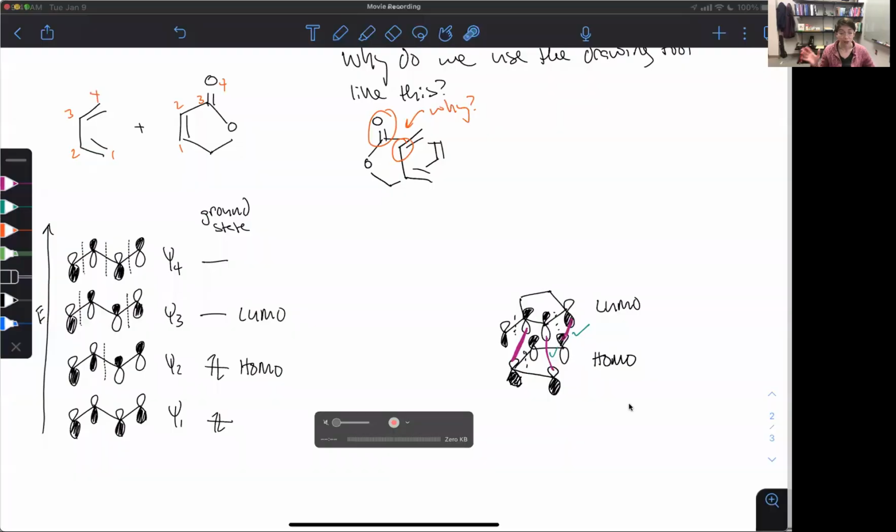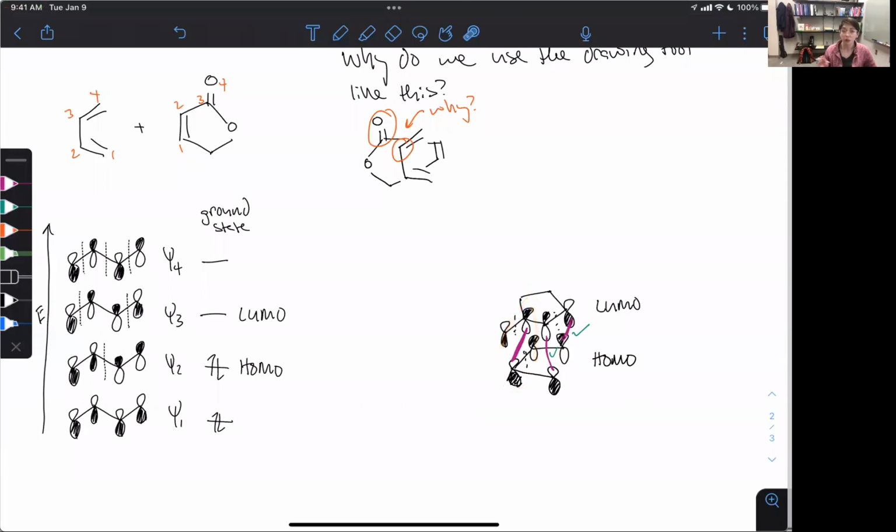So that's one of the best explanations of molecular orbitals concerning the Diels-Alder reaction, because without the orbitals, we wouldn't have that really nice stereoselectivity that we benefit from a lot in the Diels-Alder reaction. And it's all because of that little interaction right there.